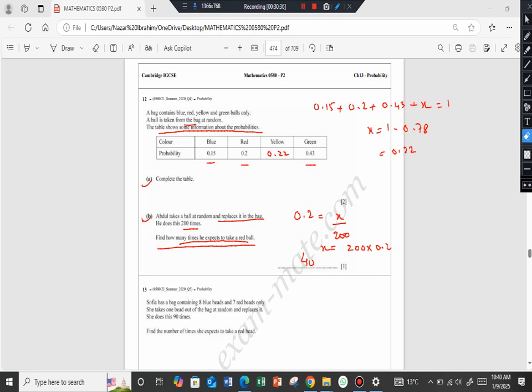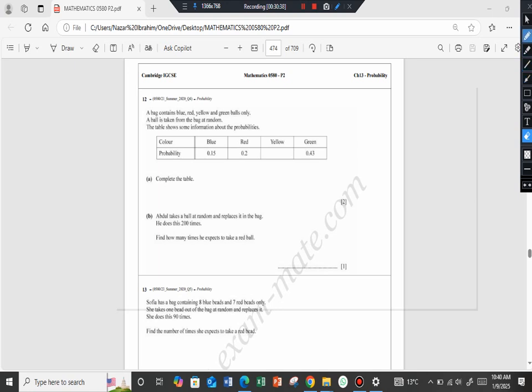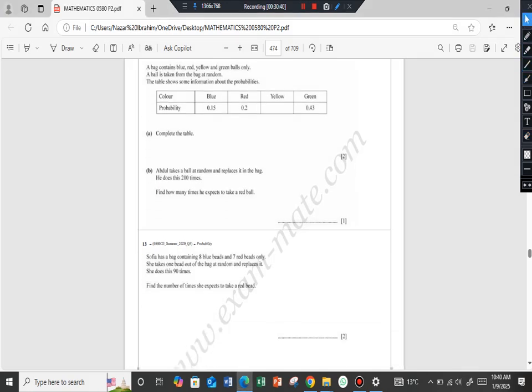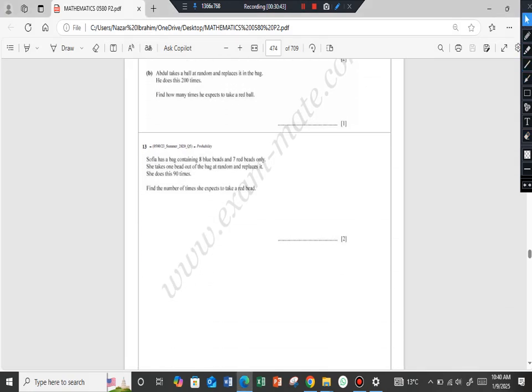Clear? Okay, let's move to the next. Question number 13. Sophia has a bag containing 8 blue beads and 7 red beads only. She takes one bead out of the bag at random and replaces it. She does this 90 times. Find the number of times she expects to take a red bead. First I should know the probability of getting a red bead.